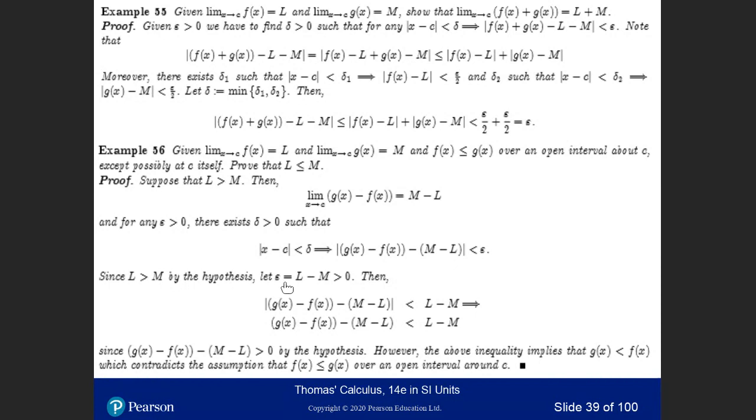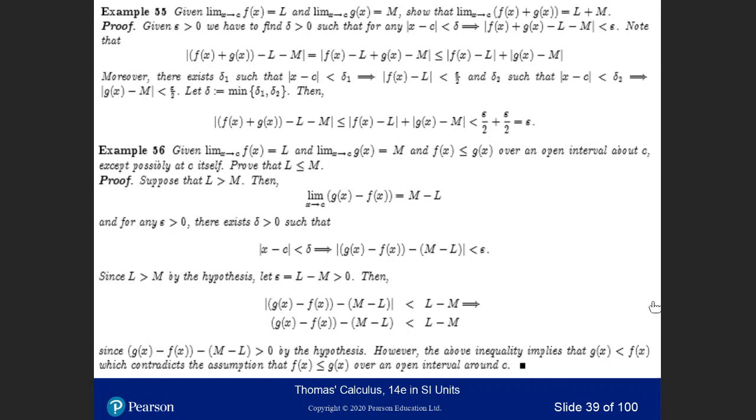So I choose epsilon as L minus M, because I just assumed the opposite, that L is greater than M. So since L is greater than M, L minus M must be positive, and I choose epsilon as L minus M.